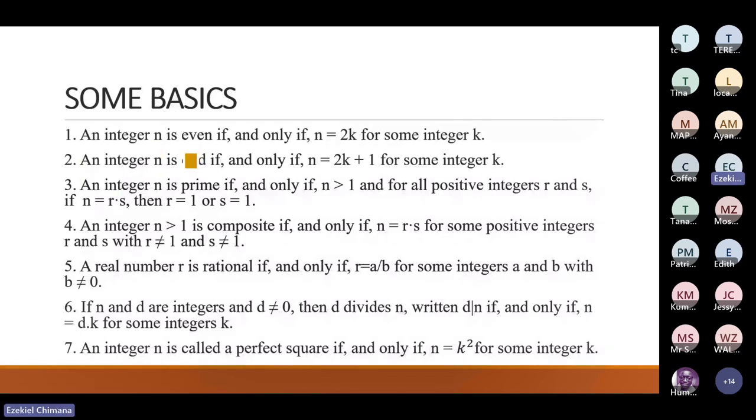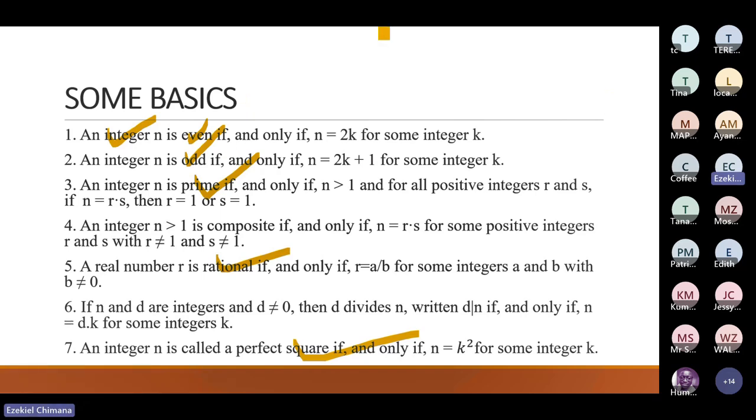And what is most important to know here is the one for even integer, odd integer, prime, maybe irrational, maybe perfect square, maybe the divisibility. But what I'm saying is, for it to be easier for you, these basics are very important.